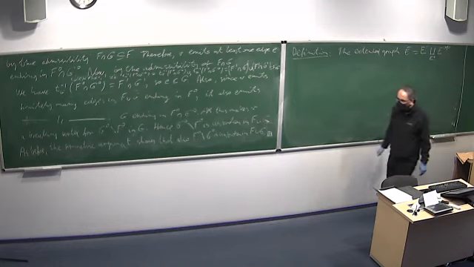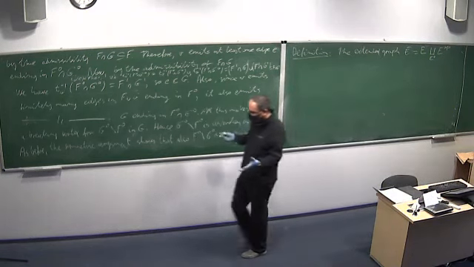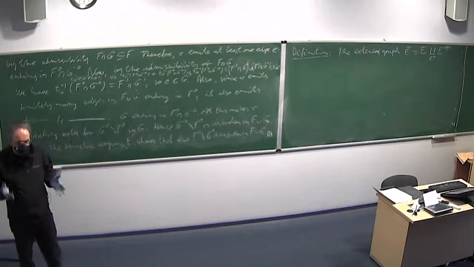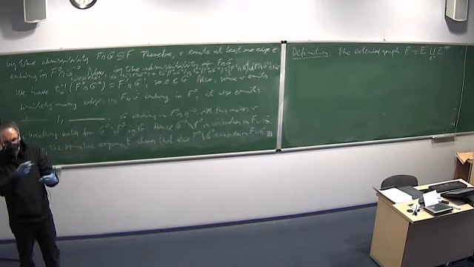So what I do, I take my graph E, I leave the vertices alone, I double the set of edges, and I declare that to every edge in E, I have a ghost arrow going in the opposite direction.